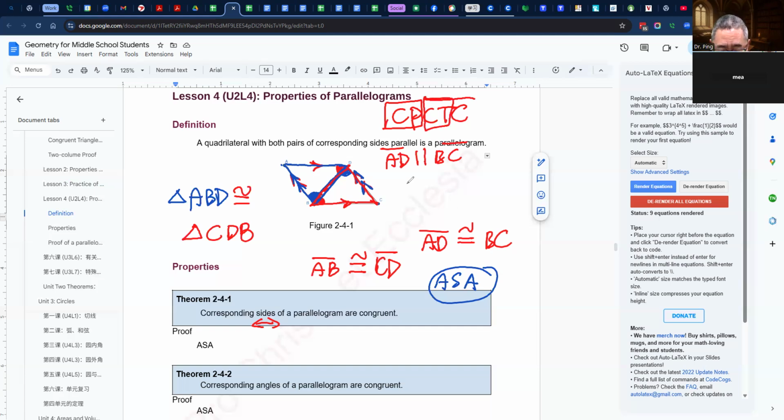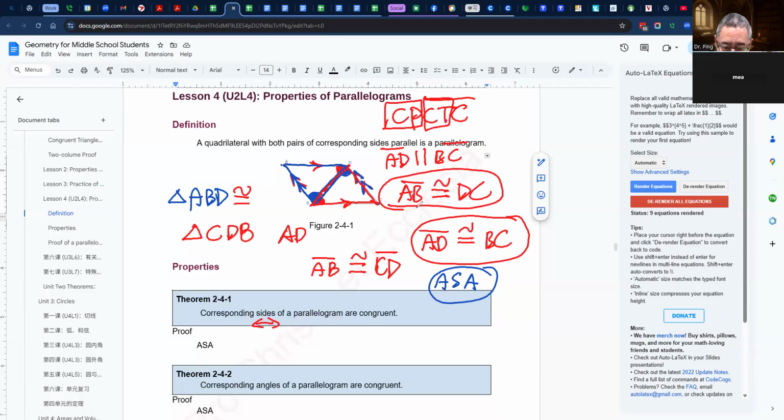So that means AB has to be congruent to DC because they are the corresponding parts of congruent triangles, and also AD is congruent to BC. So that's exactly what this theorem is about. You can see that we can prove it based on triangle congruency to show that this theorem is true.